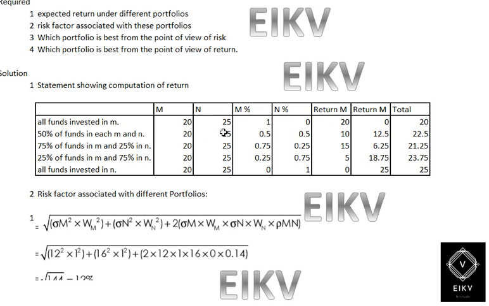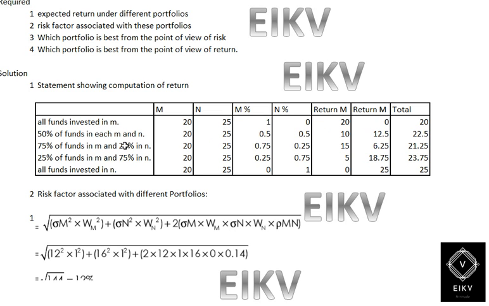Next one, 50% of funds is invested in M and N. The return of M and N would be 20 and 25. Therefore 50% of M and 50% of N will be considered. So 50% of M will be 10% and 50% of N will be 12.5%. When we add both, it would be 22.5%.